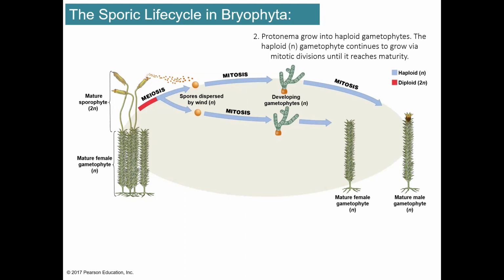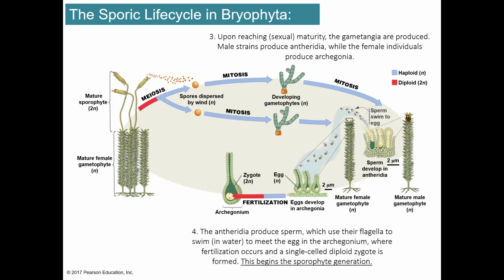Here you can see a mature female moss stalk and a mature male moss stalk with the antheridia at the tip. So the antheridia produce sperm, and when conditions are right and it's wet enough or it's raining, the sperm will use their flagella to swim through water and meet the egg in the archegonium of the mature female gametophyte or mature female stalk.